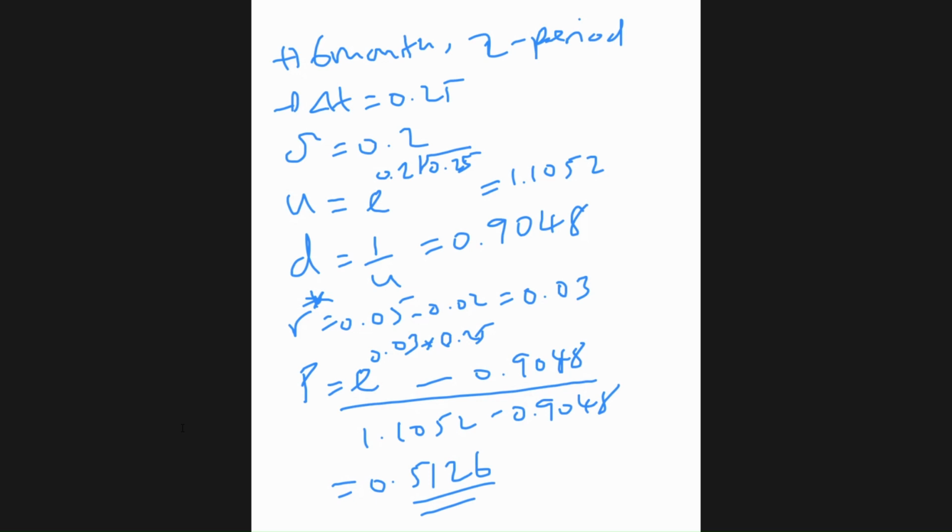Unless the data you are given is per period; then our T would be 1. But in this case, it is 6 months and we are using a 2-period model, so each period is a quarter of a year, a fraction of a year.